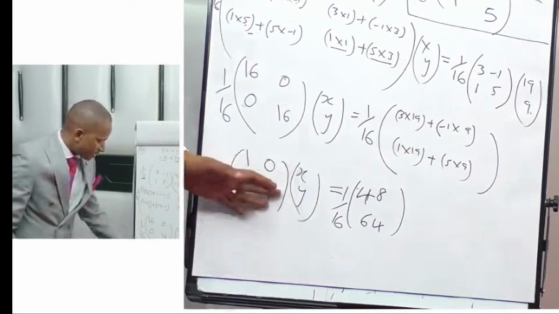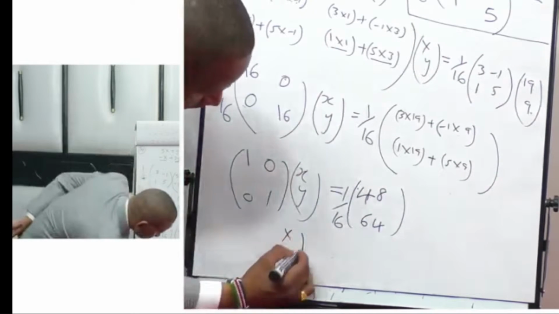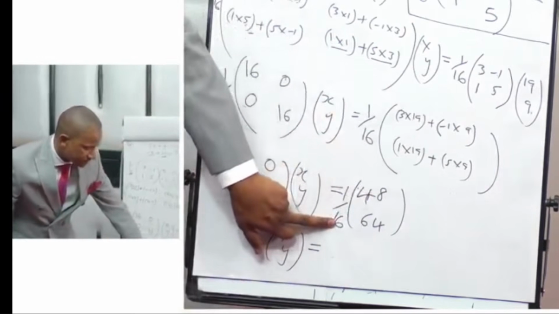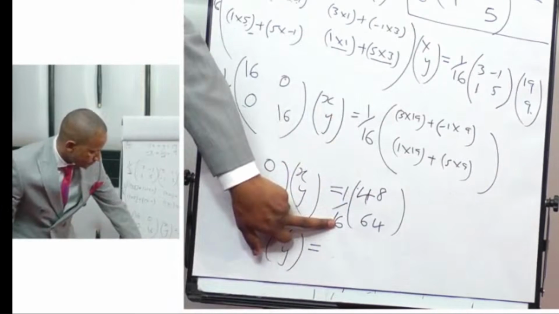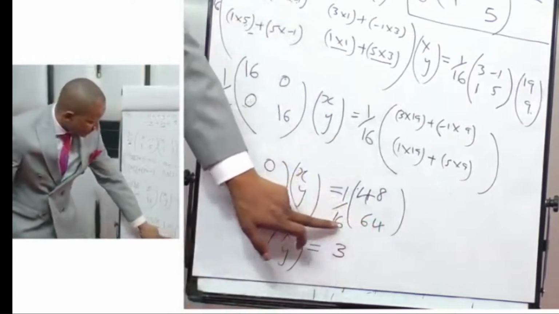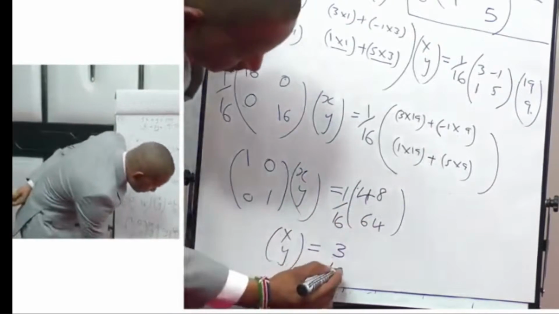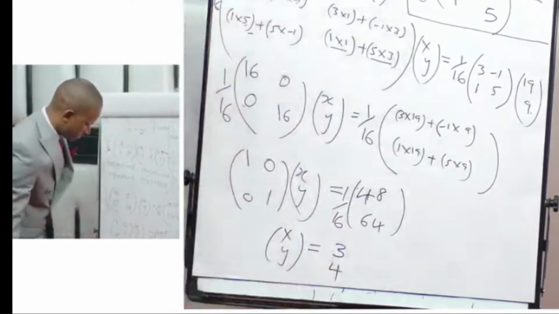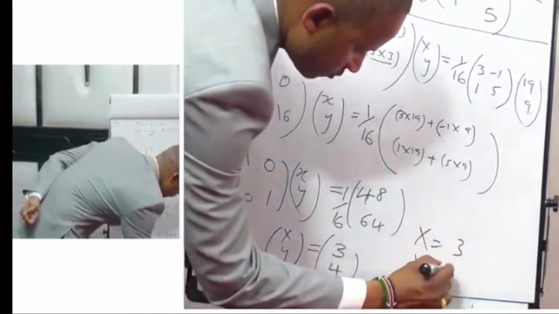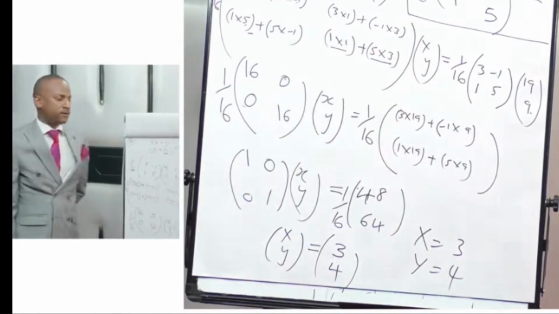Then x and y equals 48 divided by 16 is 3. Then 64 divided by 16 is 4. So x equals 3 and y equals 4. Simple.